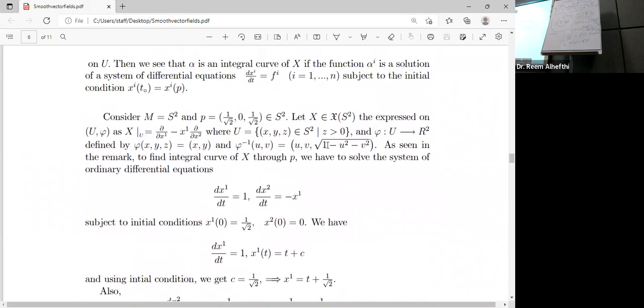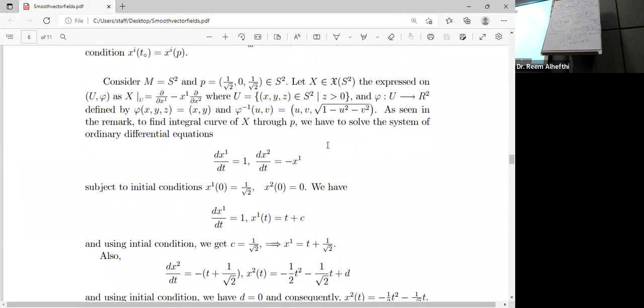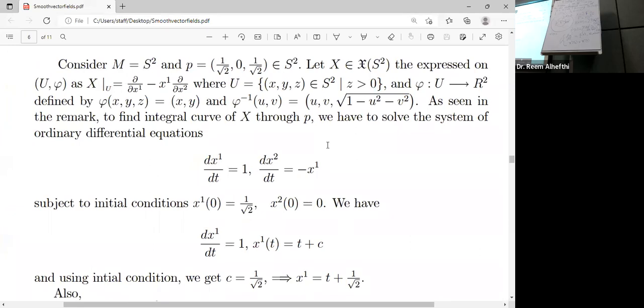Now, here is an example. I give you an example. You are given a vector field on S2. This is S2.